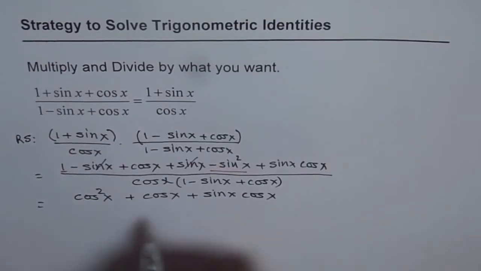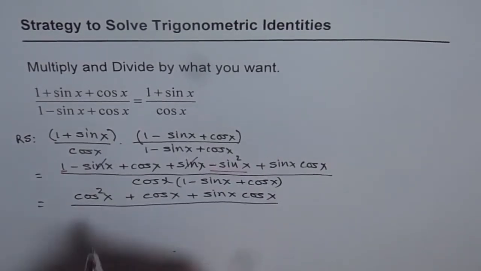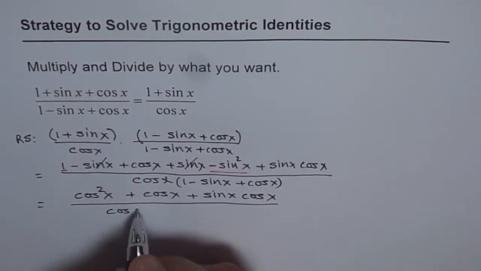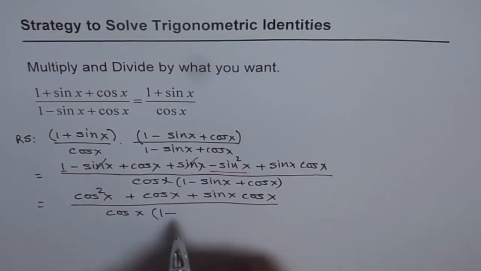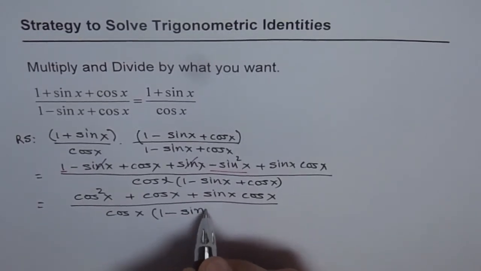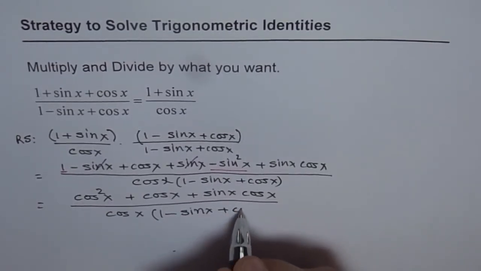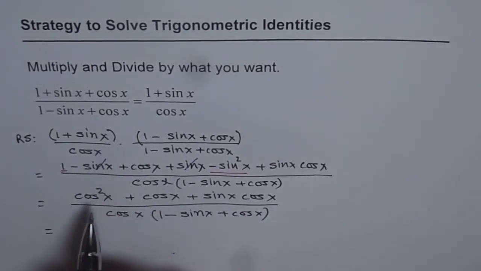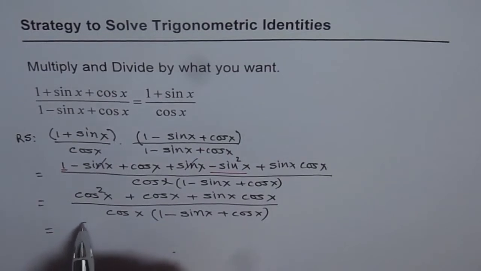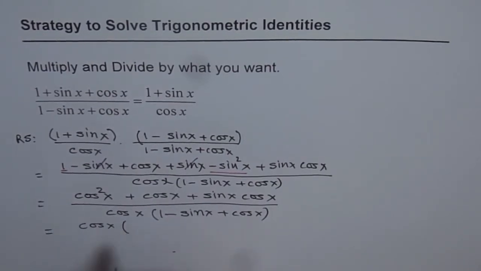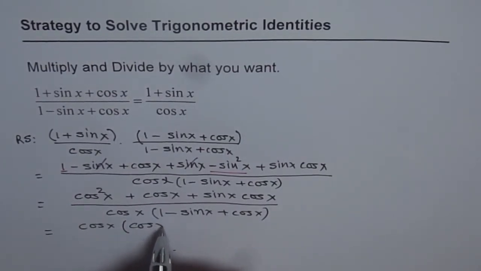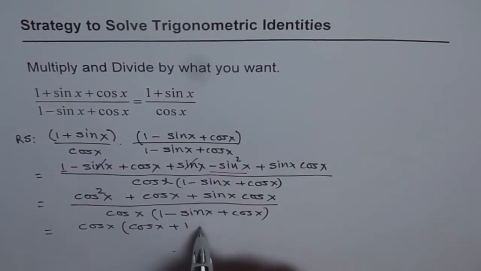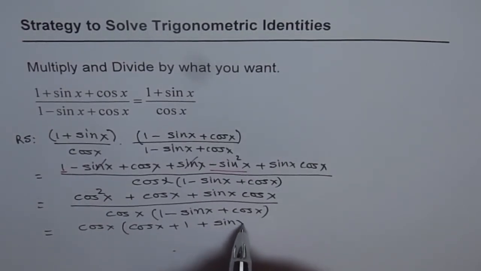As you can see in the numerator, cos x is common. And in the denominator, we have cos x, which we do not want. So that gives you a clue. We are very close to our solution. So we can take cos x common from the numerator. We're left with cos x plus 1 plus sine x.